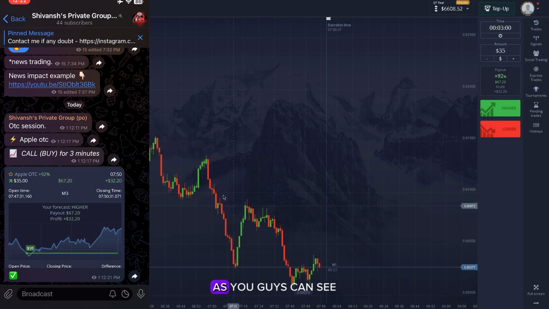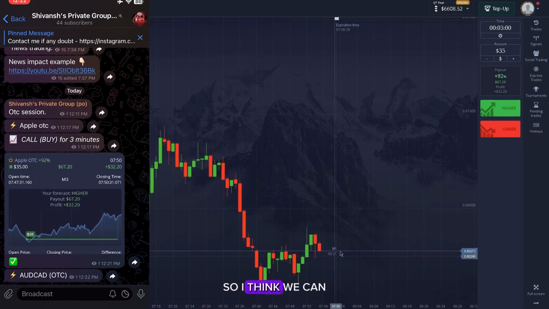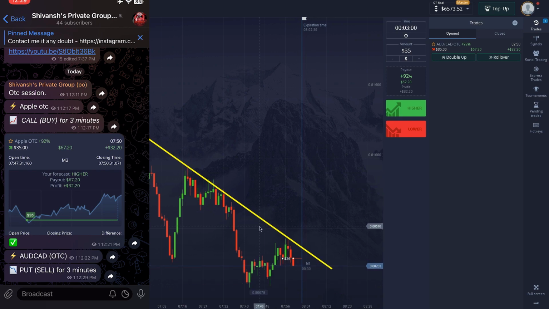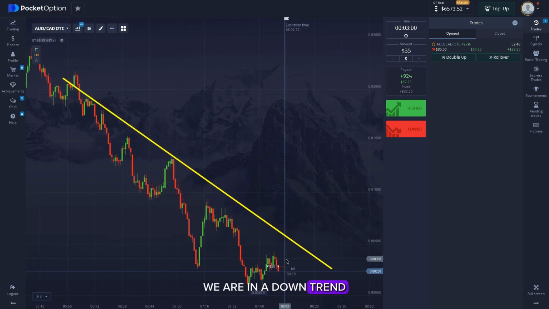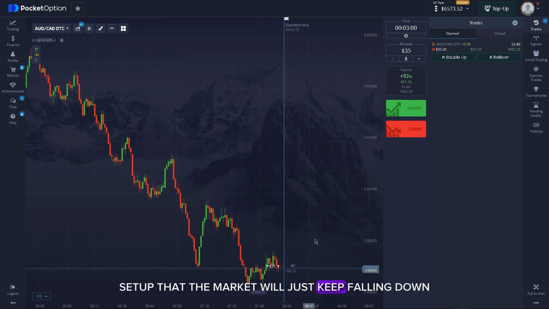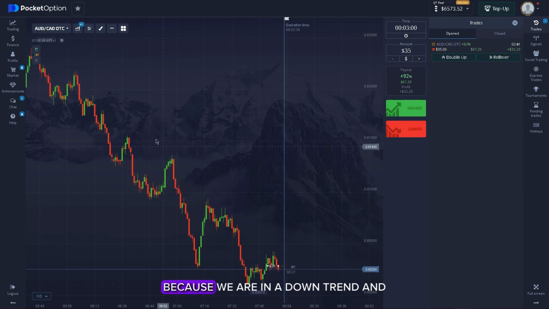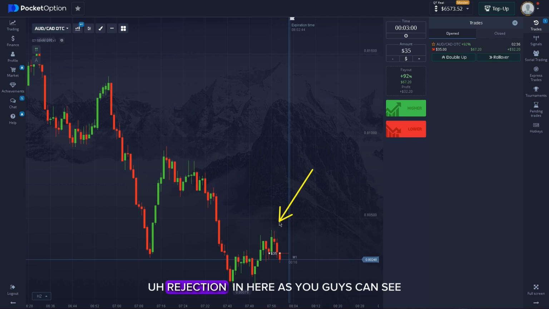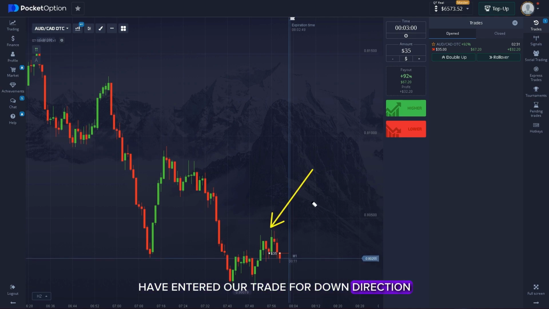As you guys can see, we are in a downtrend, so I think we can go for a down trade if I can find a good entry point. So we have entered our trade because we are in a downtrend, and it's a high probability setup that the market will just keep falling because we are in a downtrend, and we saw some rejections in here, and that's why we have entered our trade for a down direction.